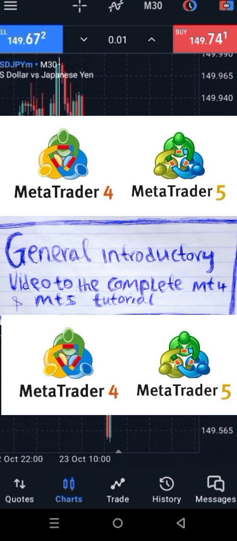That's the fourth point: when it comes to time frames, in MetaTrader 4 you only have 9 time frames, while in MetaTrader 5 you have at least 21 time frames, and with these time frames you can best analyze the market to your advantage.